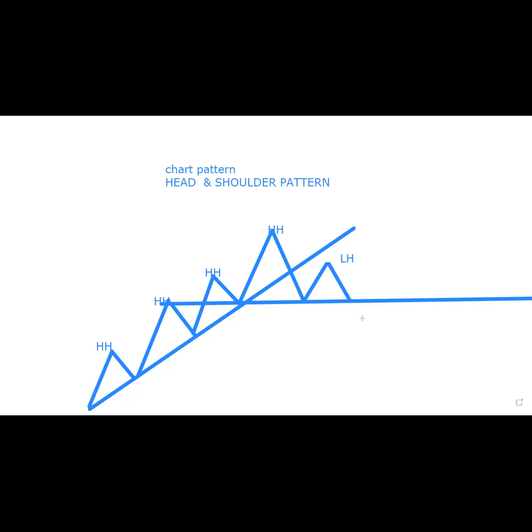So what most traders normally do is wait for the market to break out of this neckline and then join the move. But there's something I still want you to note. When you look at the trend, how long that trend has been also matters.